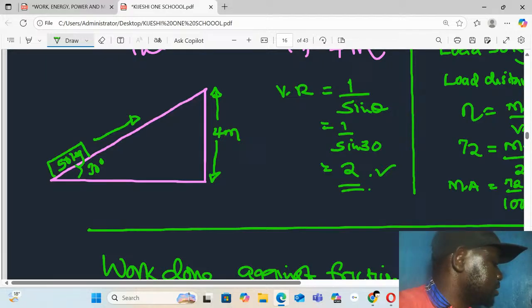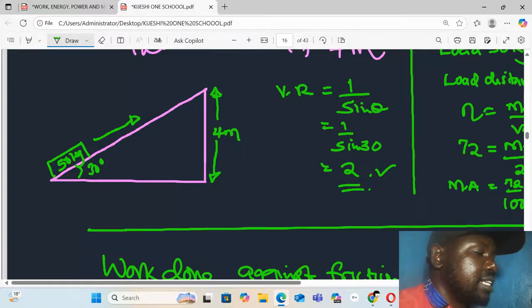If you look at this, the work output is the work that is done on the load, whereas the work input will be the work done by the effort, whereas the work output will be the one done by the load rising at this distance of 4 meters.